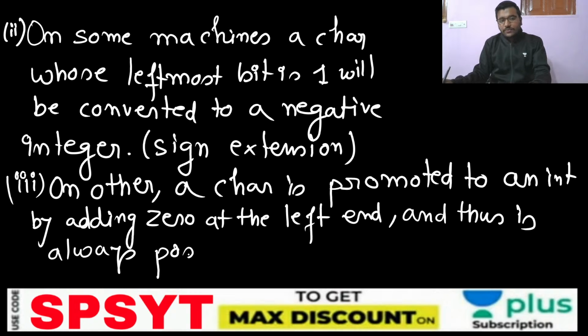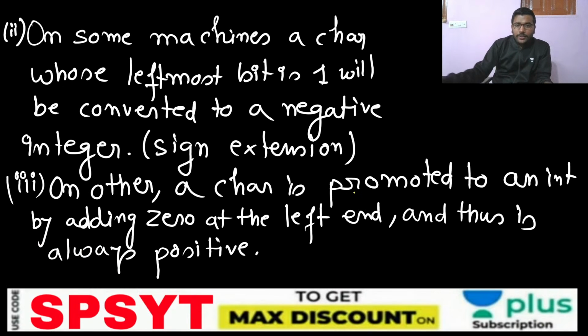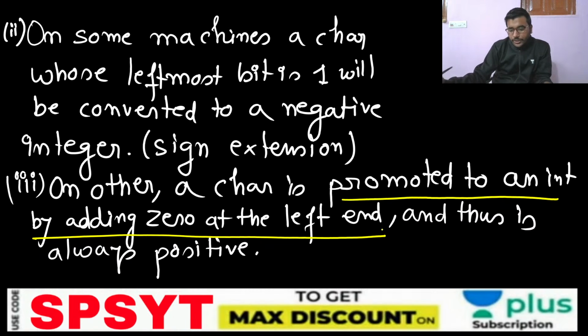So on some machines, they convert the char into an int by adding a 0 at the leftmost end. So this is the case.